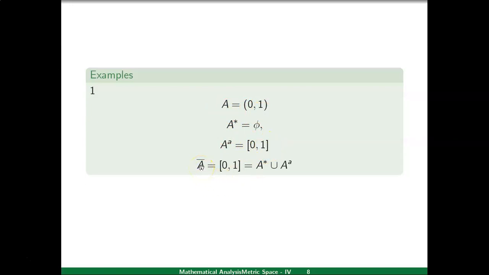And we know that A bar is the disjoint union of A star and the accumulation points. So phi union closed interval 0, 1 will give you closed interval 0, 1.